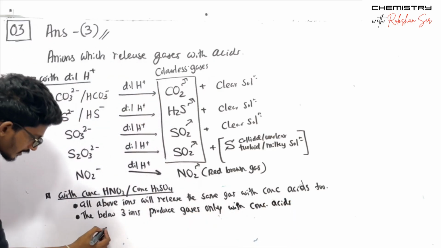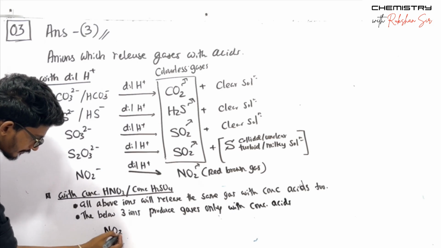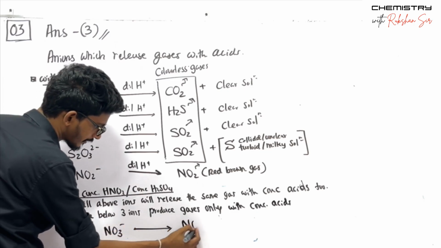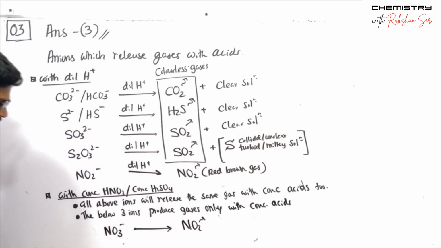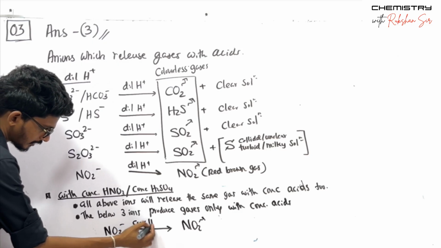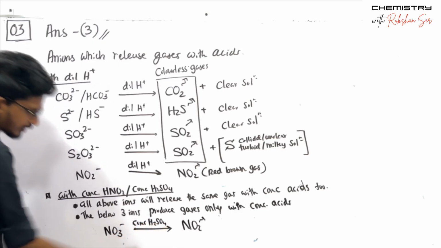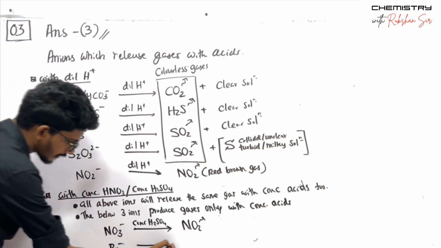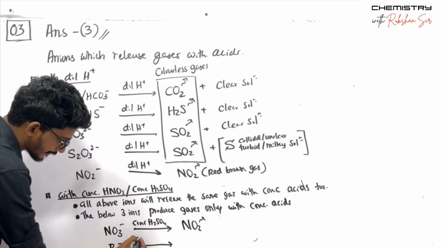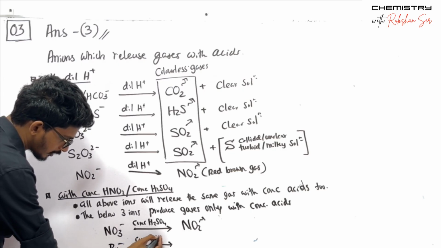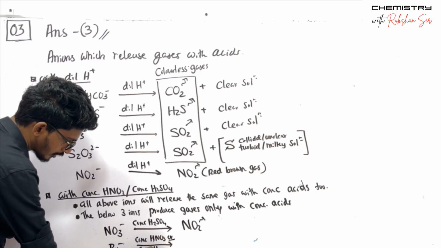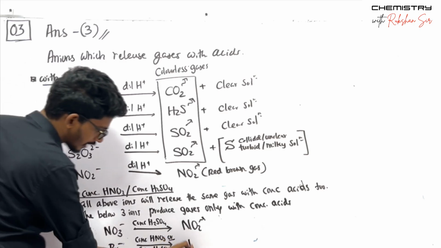What are the 3 ions? NO3- will produce NO2 gas, red-brown, with conc H2SO4. Br- with conc HNO3 or conc H2SO4 will produce Br2 gas.